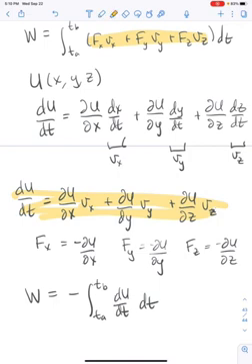Because the right side of my second yellow equation is equal to dU/dt. So I've just plugged that in for F dot v.